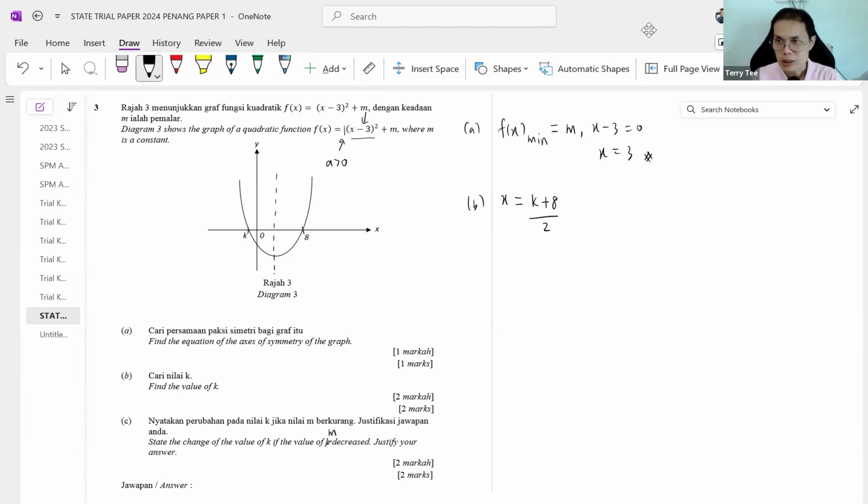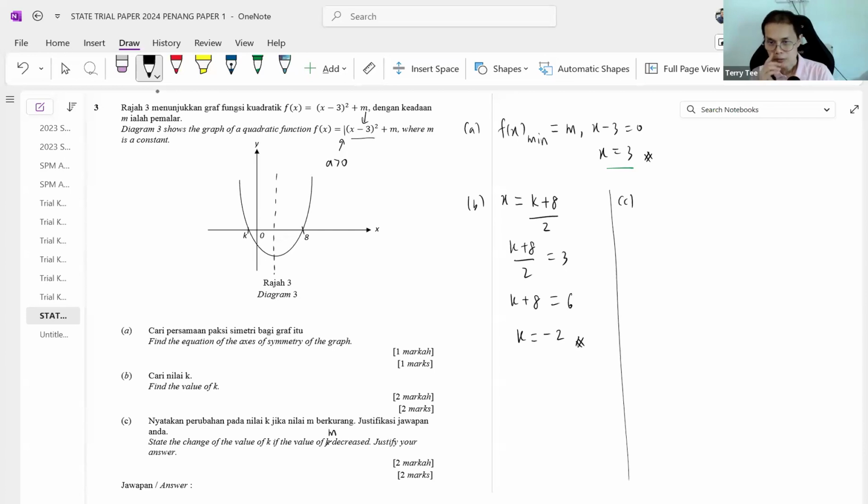This value must equal the axis of symmetry from the equation, x equals 3. So we write (k plus 8) over 2 equals 3. Multiply over, you get 6, and 6 minus 8 gives negative 2.